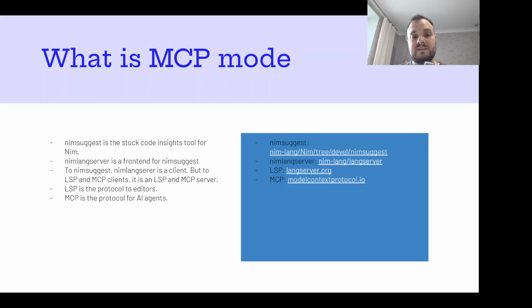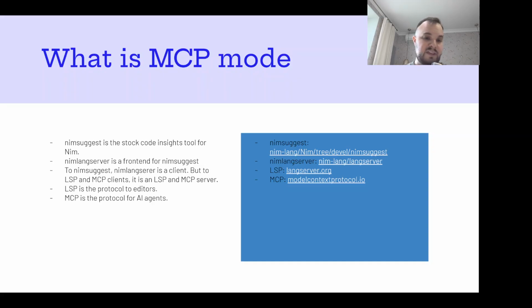Now, what is LSP and MCP? These are two protocols that editors and AI agents use to get code insights. LSP is a protocol for editors, and MCP is a protocol for AI agents.